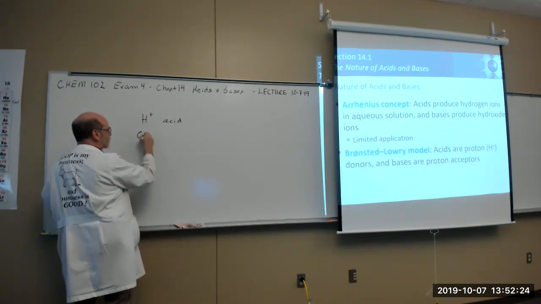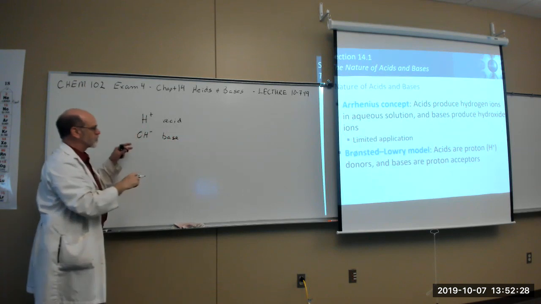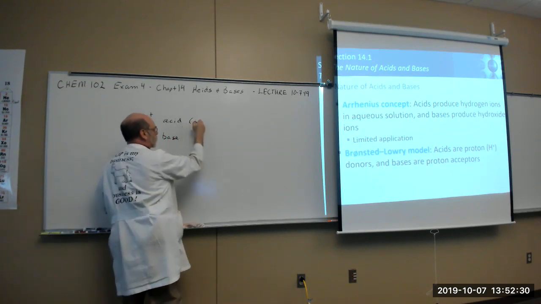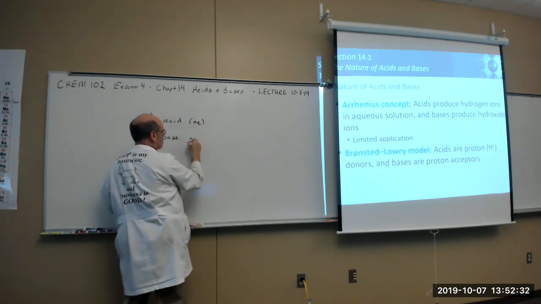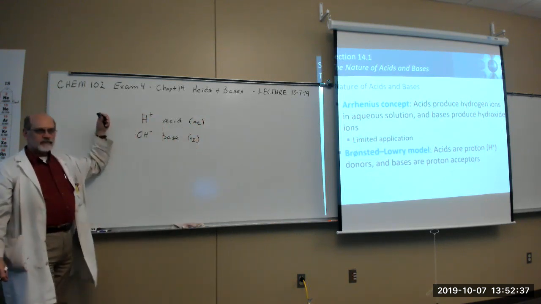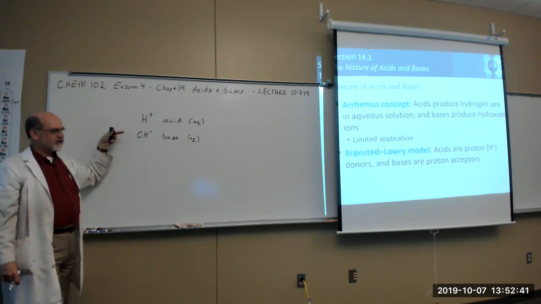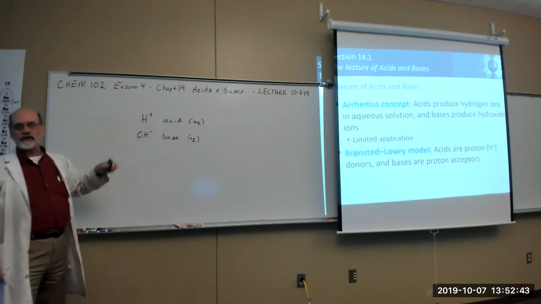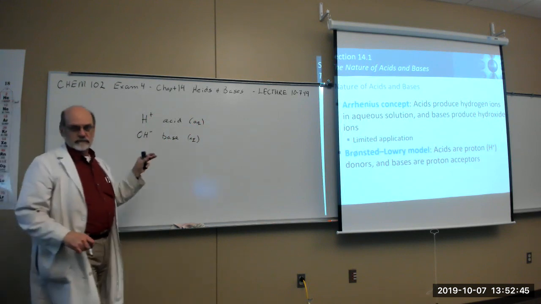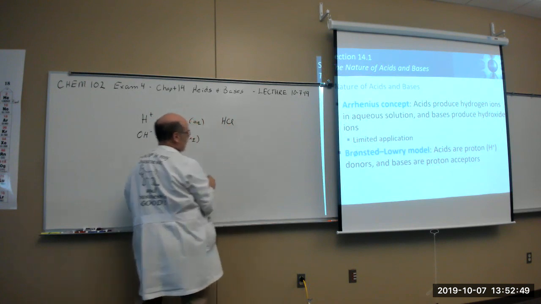And this is a base, something that when it goes into solution, and for all intents and purposes, we're talking about aqueous solutions. So an acid will produce protons in solution, and a base has hydroxyls in the molecule. So for example, this one would be, say, hydrochloric acid.